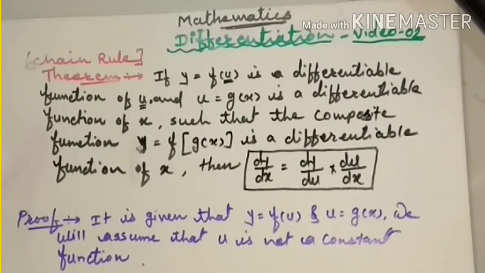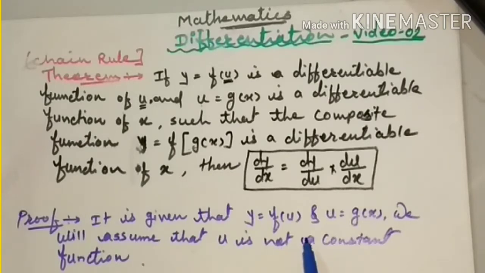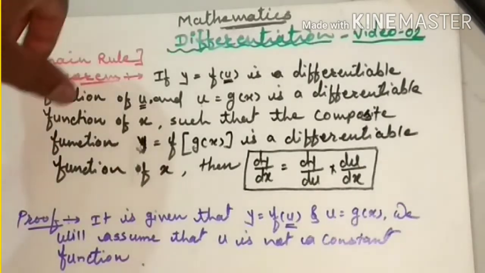Now friends, see what has been given. It has been given that y is equal to f of u. Y is a function of u, as I just explained. And u is equal to g of x, that means u is a function of x. Now we will assume that this u is not a constant function.